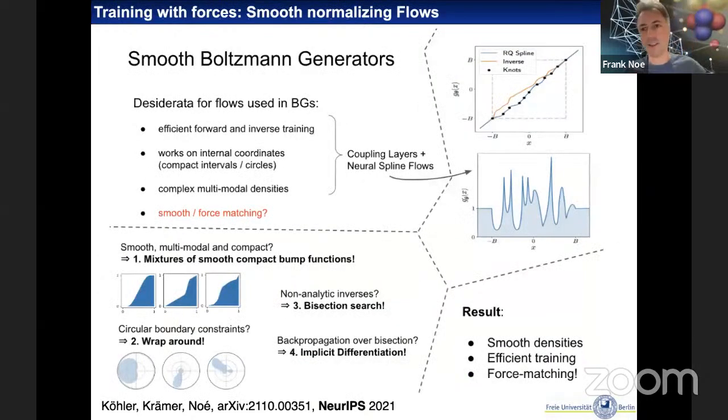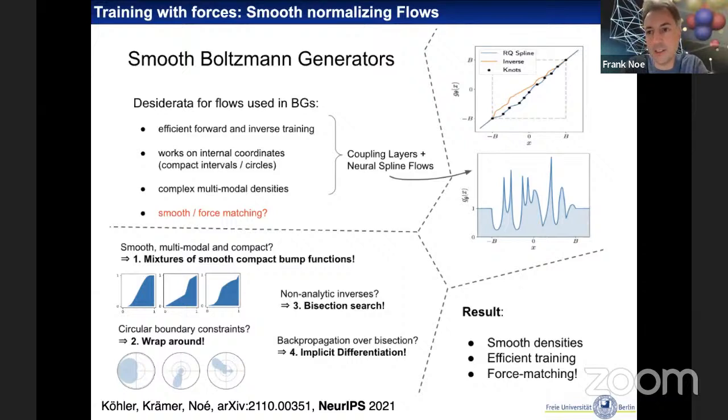And the second thing, and I think that's going to be extremely important, is smooth flows. That's something we just published in NeurIPS this year. Basically, almost all generative machine learning methods, not only flow methods, are really built to give you a good approximation to a certain probability density.